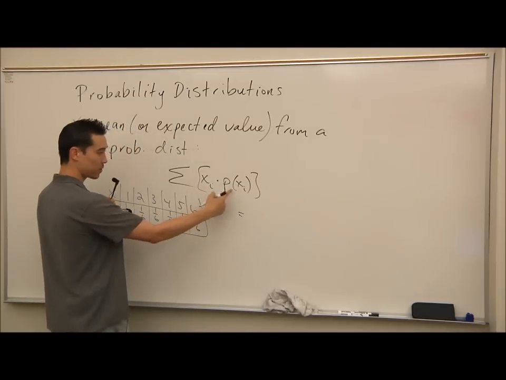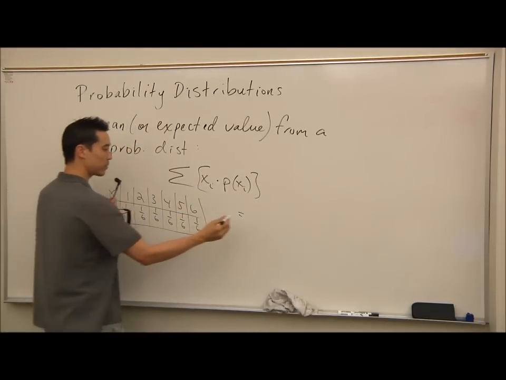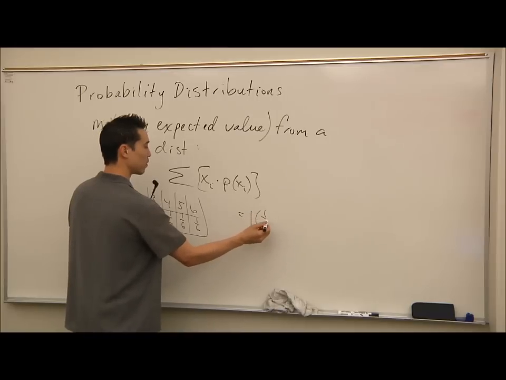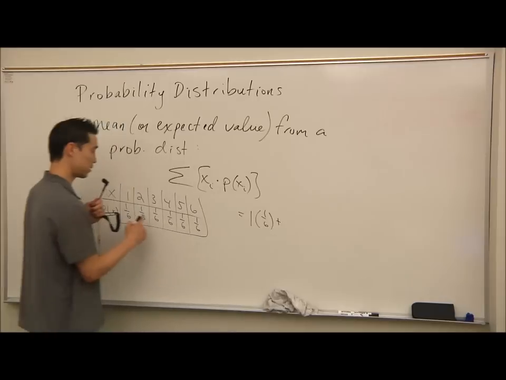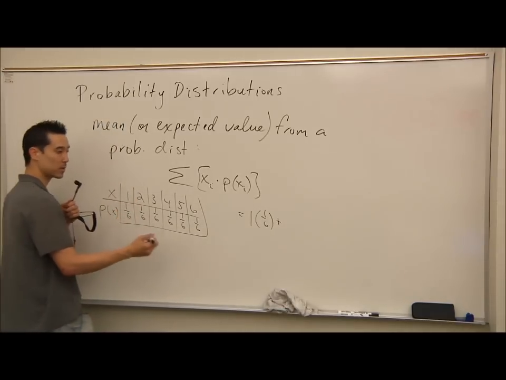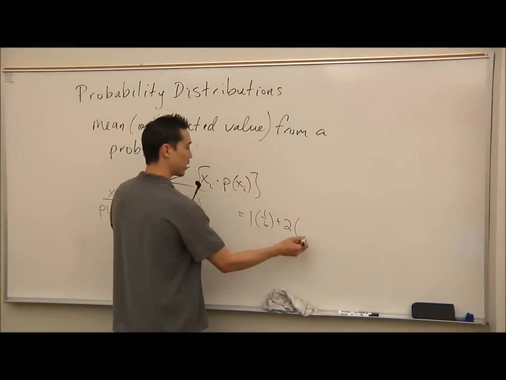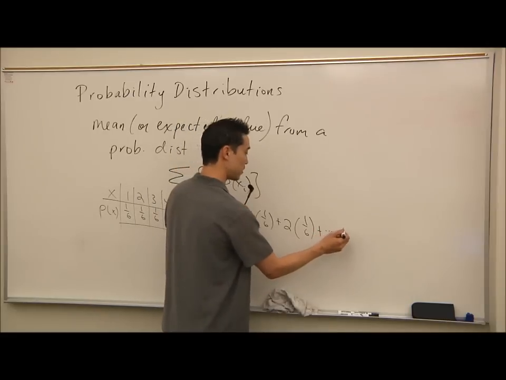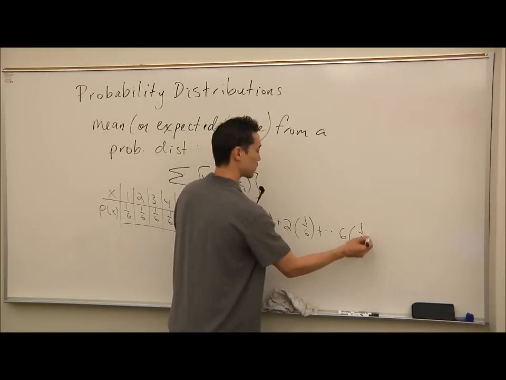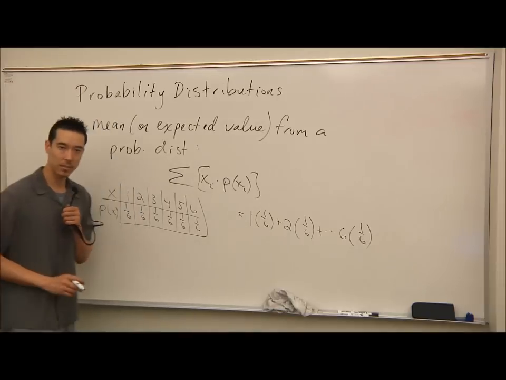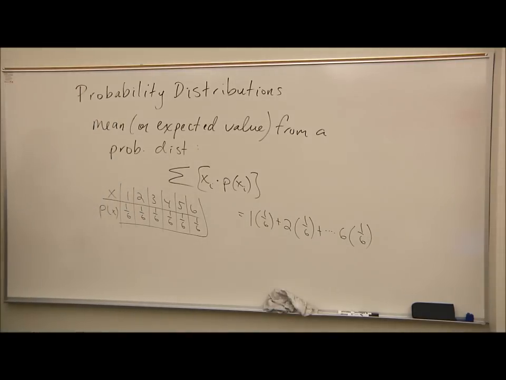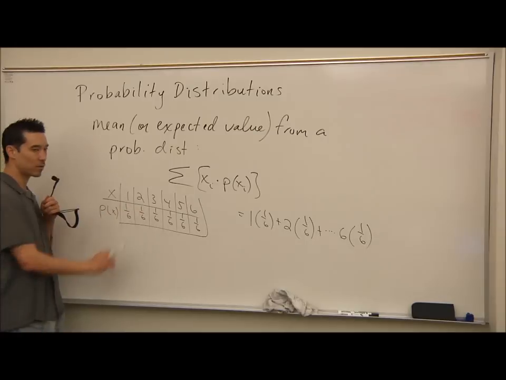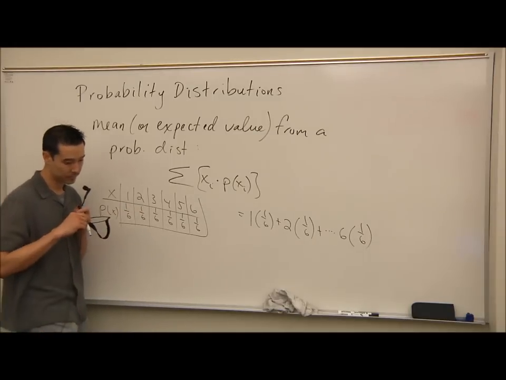I'm going to add up the first x times that probability. So 1 times 1/6 plus the second, 2 times 1/6, and on and on and on, plus dot dot dot up to 6 times 1/6. Okay? So go ahead and take a minute and calculate that, and that's going to give us our expected value from this probability distribution. See what you get.